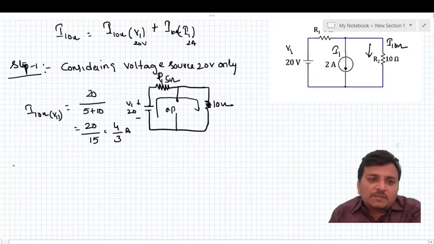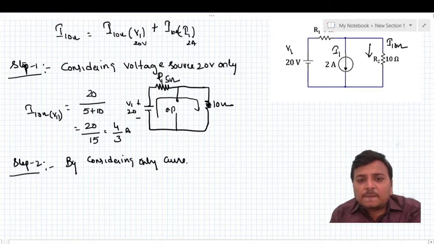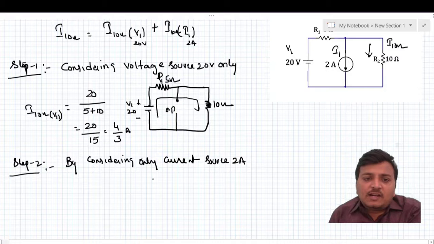Next, we will go to step 2 of the superposition theorem for this circuit, by considering only the current source of 2 amperes. Then I will redraw the circuit again.